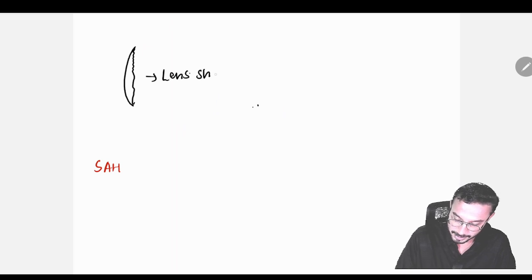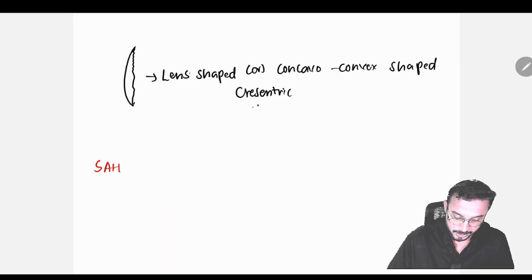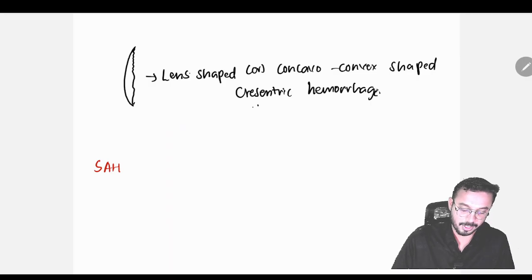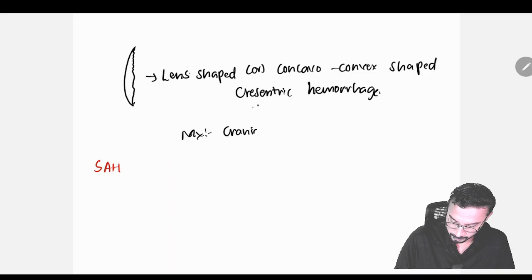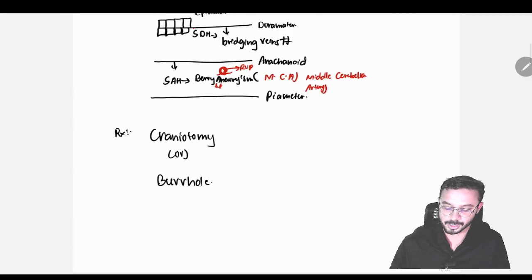This is lens shaped, or concavo-convex shaped, or it is also known as crescentic hemorrhage. Very important. So how do you manage this? Management over here is craniotomy. Okay, very important: subdural hemorrhage, epidural hemorrhage.